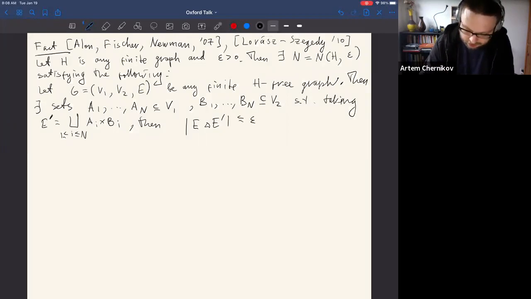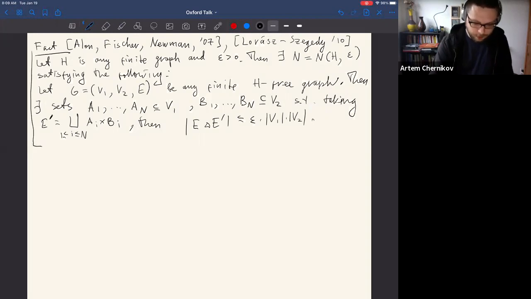So small in the sense that the error is smaller than epsilon times the total possible number of edges, so V1 times V2. So this is the theorem.